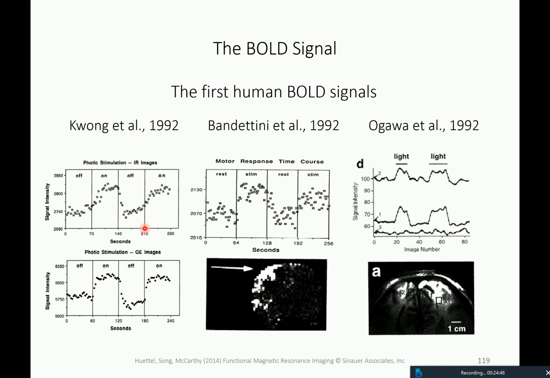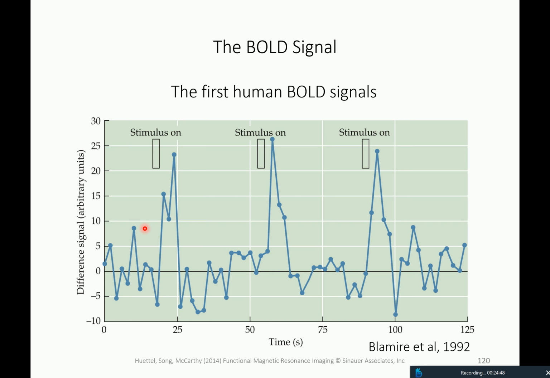Which is not how we do experiments these days, but the fact that you can also, by very brief stimulus occurrences, induce changes in the Bolt signal was also shown quite early on. It's always a little bit forgotten.